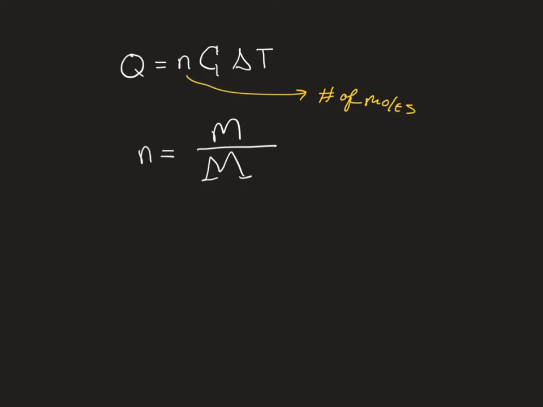And to get from the mass of the substance to the number of moles, we need to use this relationship here, where this new variable down here, my capital M with some feet on the bottom of it, is going to be the molar mass. And typically you're given the molar mass in a periodic table, so carbon, for example, has 12.01 written underneath of it.